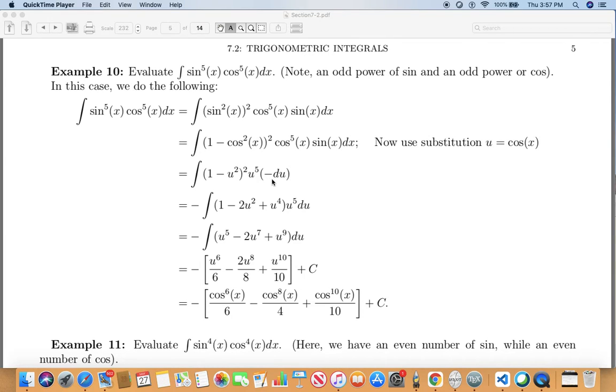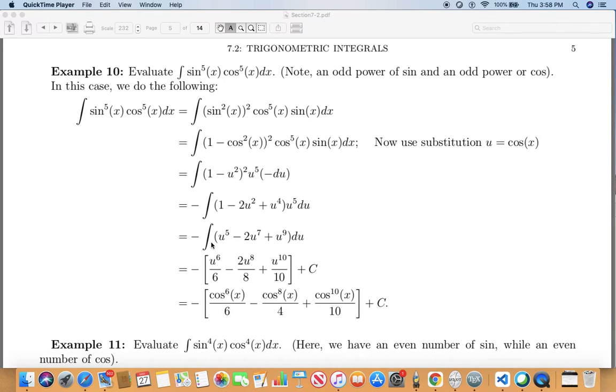So that incorporates a negative here, bring it out, open this out: 1 minus 2u squared plus u to the 4th times u to the power 5 du. Distribute the u to the power 5, don't forget the negative. Integral of u to the power 5 minus 2u to the power 7 plus u to the power 9 du.